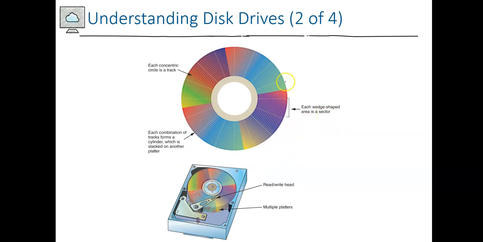Each of those, see the small things here, we call tracks. And this part together, including the tracks, we call a cylinder. So when I have a file, the file could fit here. Then I have another file that comes here.